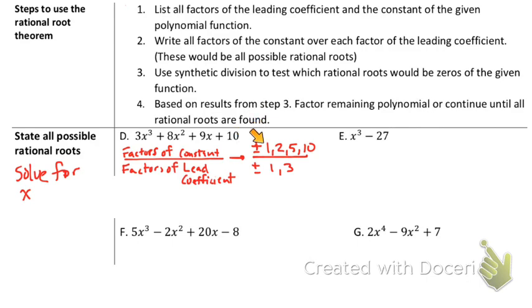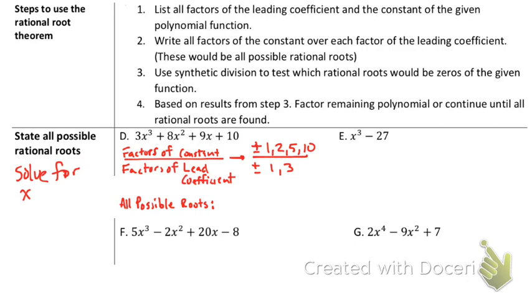Notice I did all the constant factors, and I'm going to divide them by all the leading coefficient factors. And what we're going to do is create a list of numbers using one number from the top, the constant factors, and divide it by one number from the bottom. And this list we create are all possible roots. So bear with me.